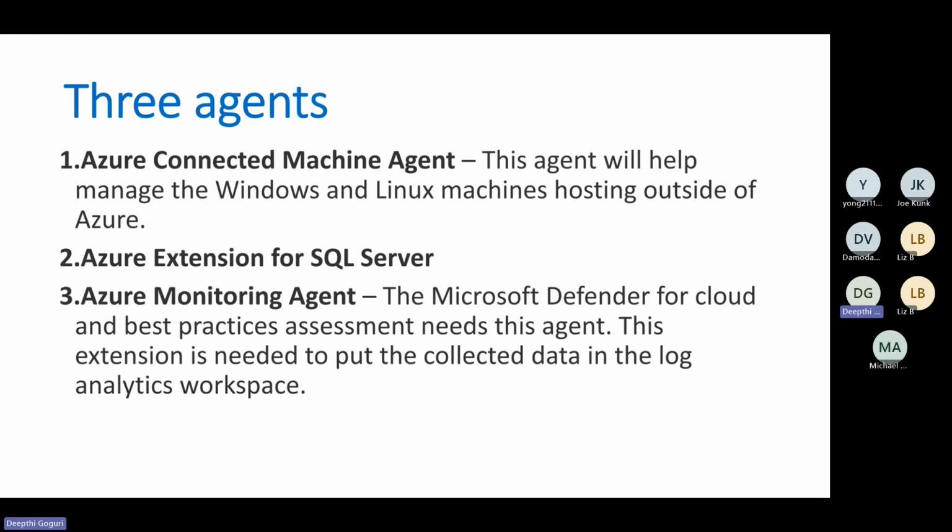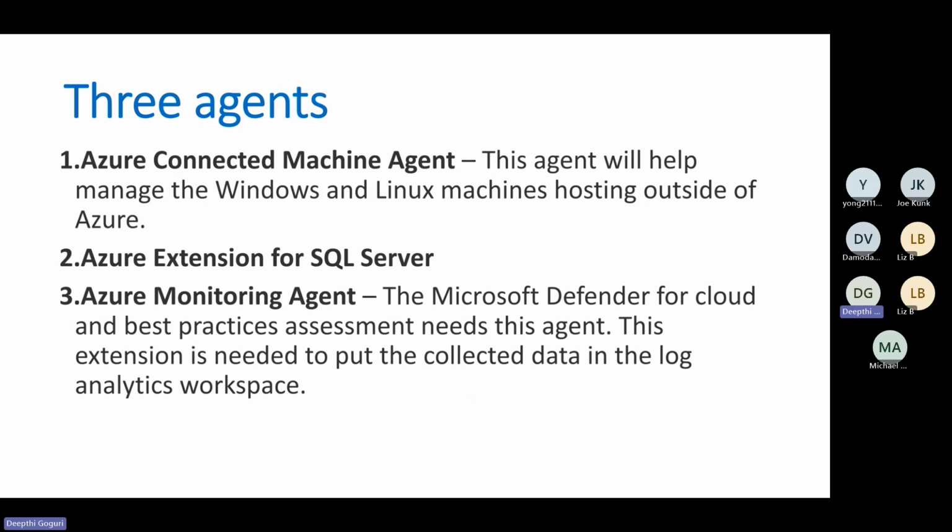The second one is the Azure extension for SQL Server, because we are trying to use the SQL servers here, so you need to have that Azure extension in place. And the third one is the Azure Monitoring Agent. Microsoft Defender for Cloud is a cloud service, and the best practices assessment is also a cloud service. To use these two services in Azure after you pull those SQL servers in, you need this Azure Monitoring Agent.